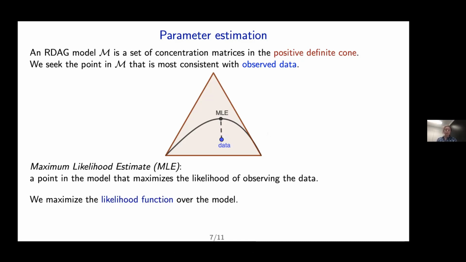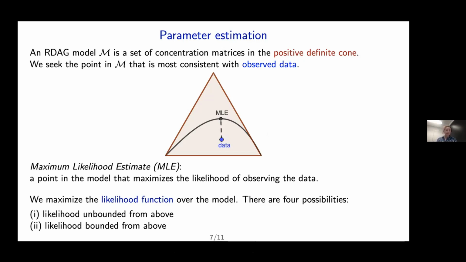Okay, so we maximize the likelihood function over the model, and there are 4 possibilities for what could happen as we try to do this. So the first is that the likelihood is unbounded from above. The second is that the likelihood is bounded from above, so these are opposites. And then we have 2 strengthenings of the likelihood being bounded from above. The first is that the likelihood is bounded and attains its bound.